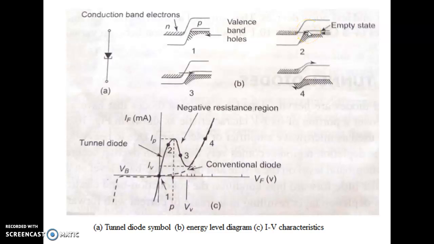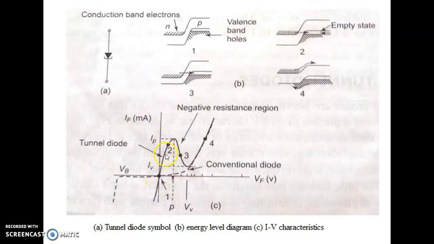Of course they are matching, right? Using the tunneling concept, all these electrons can flow to the other side. So you have current flow through the diode.